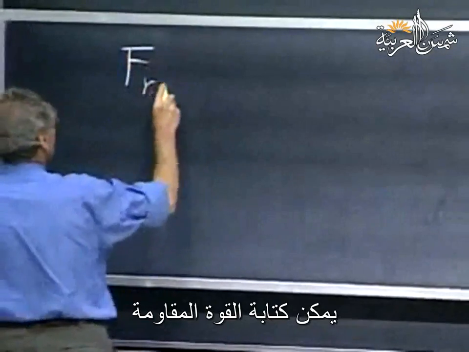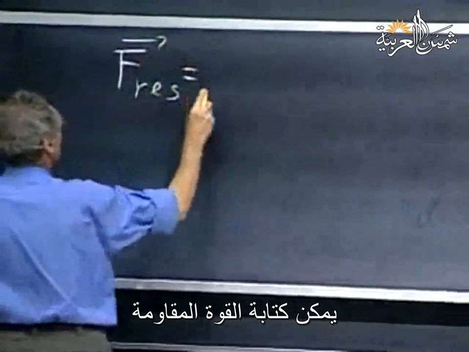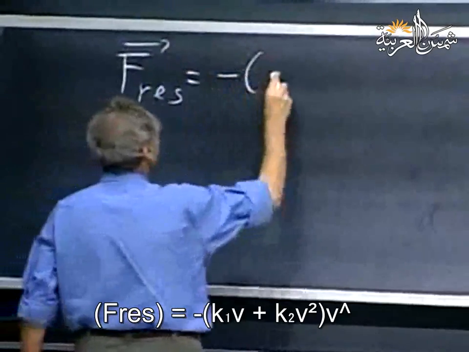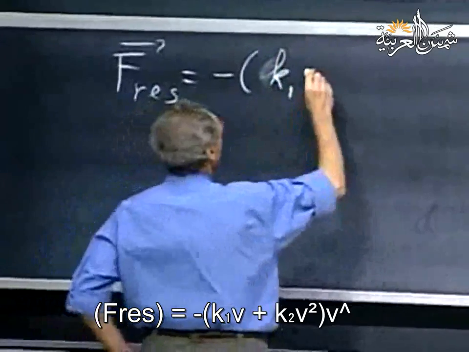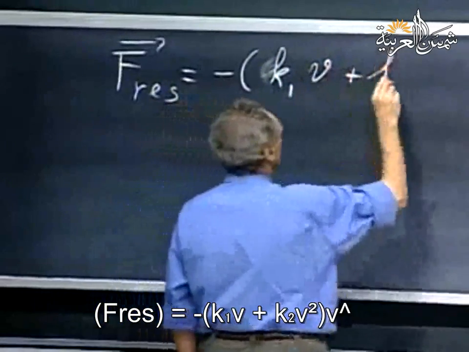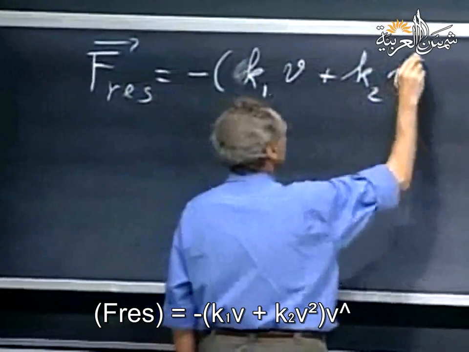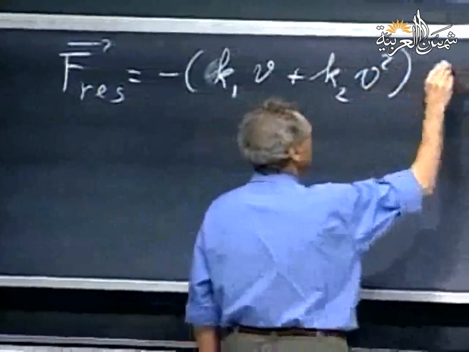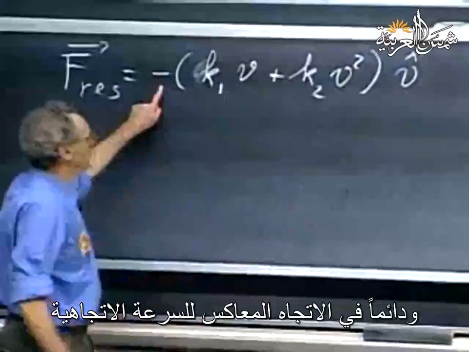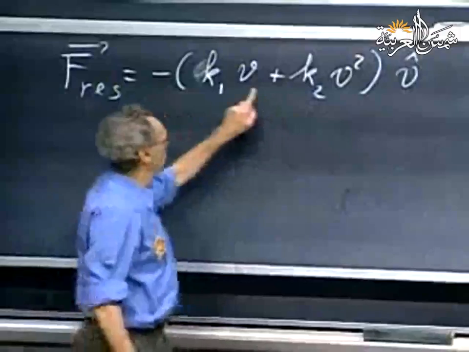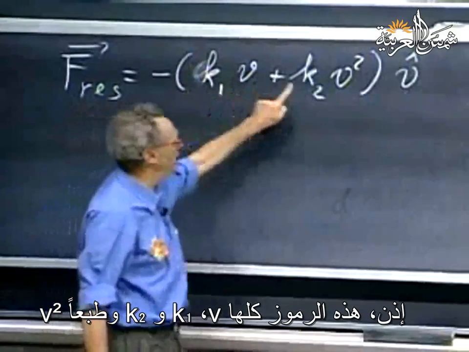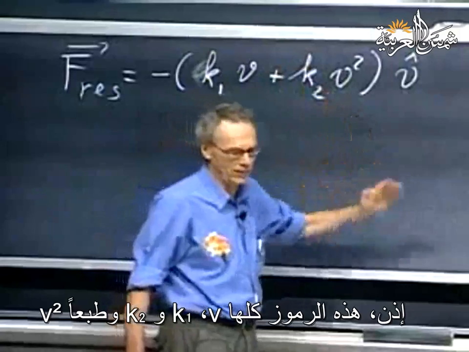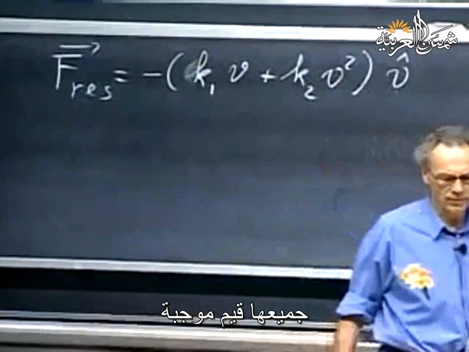In very general terms, the resistive force can be written as K1 times the velocity plus K2 times the velocity squared, and always in the opposite direction of the velocity vector. This V here is a speed. So all these signs, K1, V, and K2, and obviously V squared, are positive values.